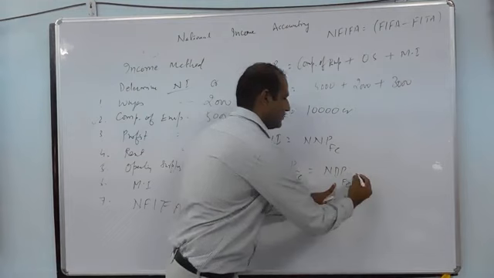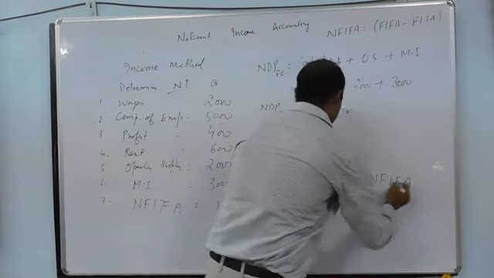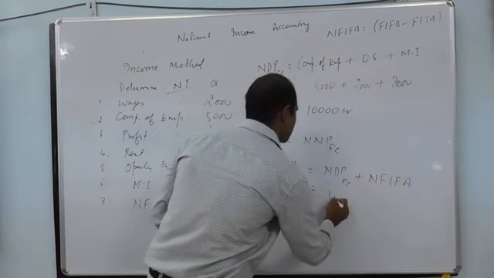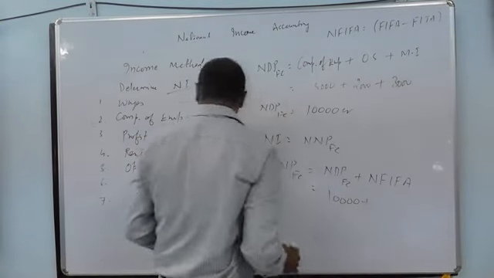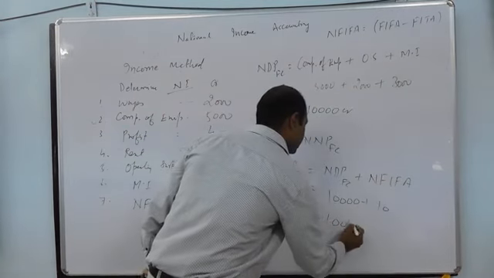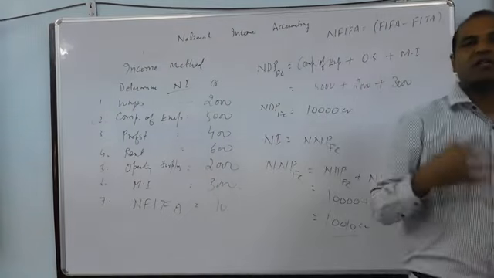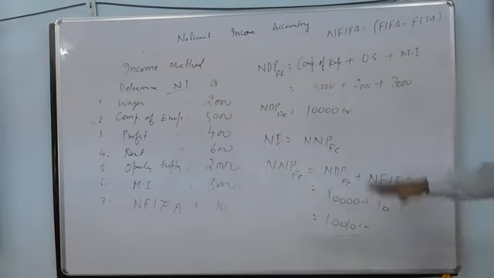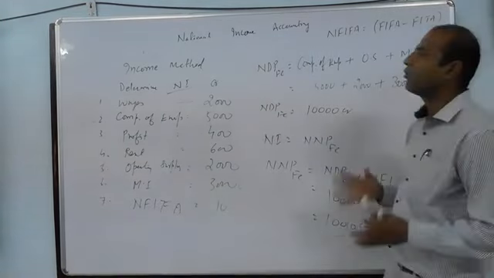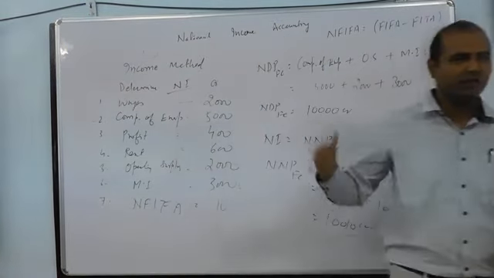Smaller is given to us. We have to add net factor income from abroad. NDPFC is 10,000. Net factor income from abroad is 10. Answer is 10,010 crore. This is how to solve the numericals from income method.